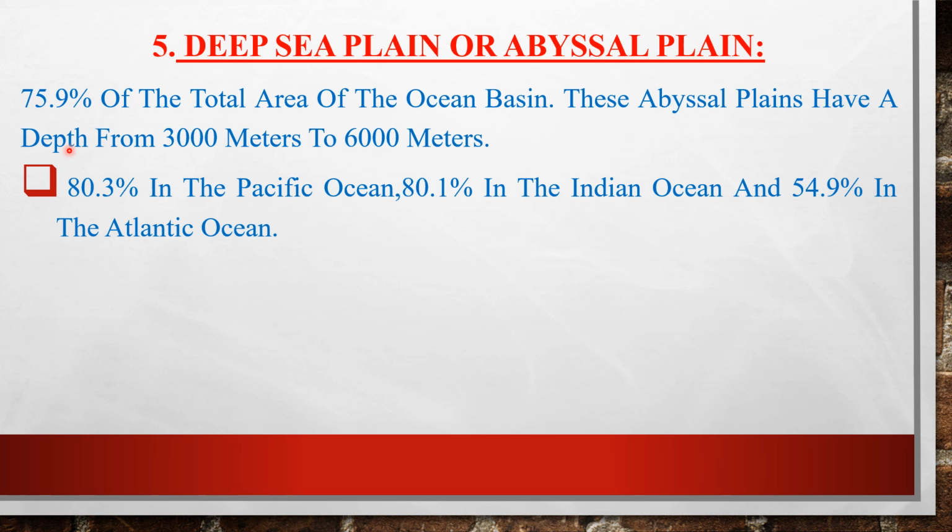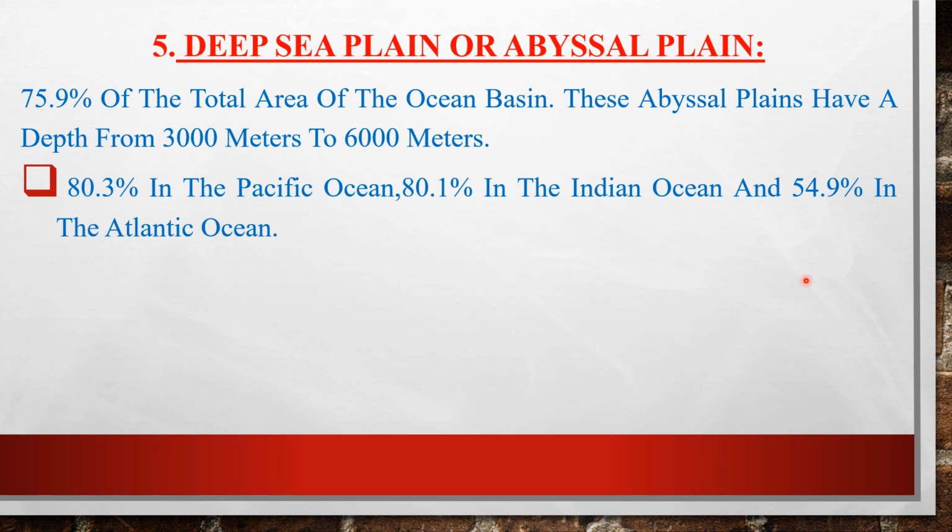It is 80.3% in the Pacific Ocean, 80.1% in the Indian Ocean, and 54.9% in the Atlantic Ocean. The abyssal plain is less in the Atlantic Ocean because of the mid-oceanic ridge.